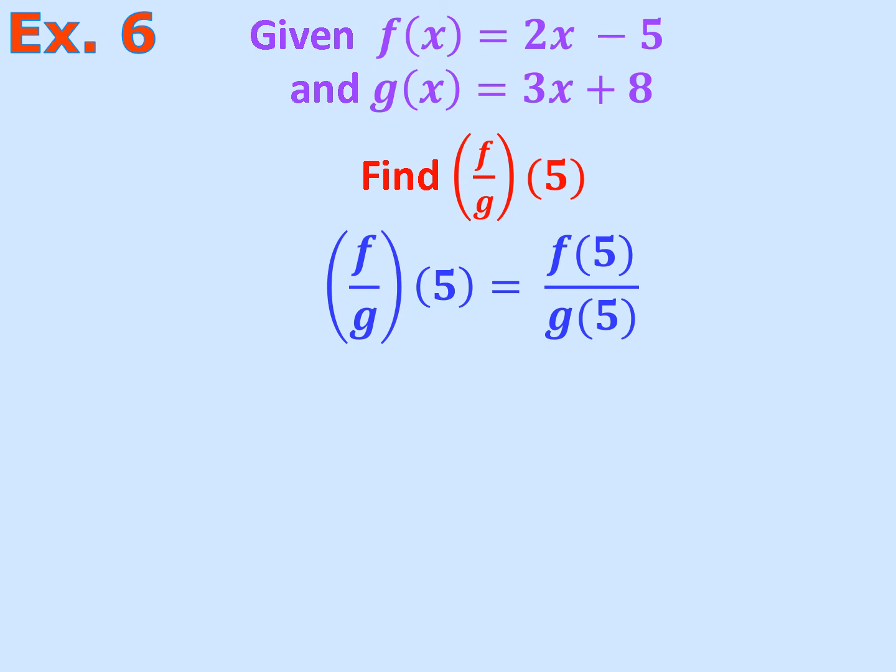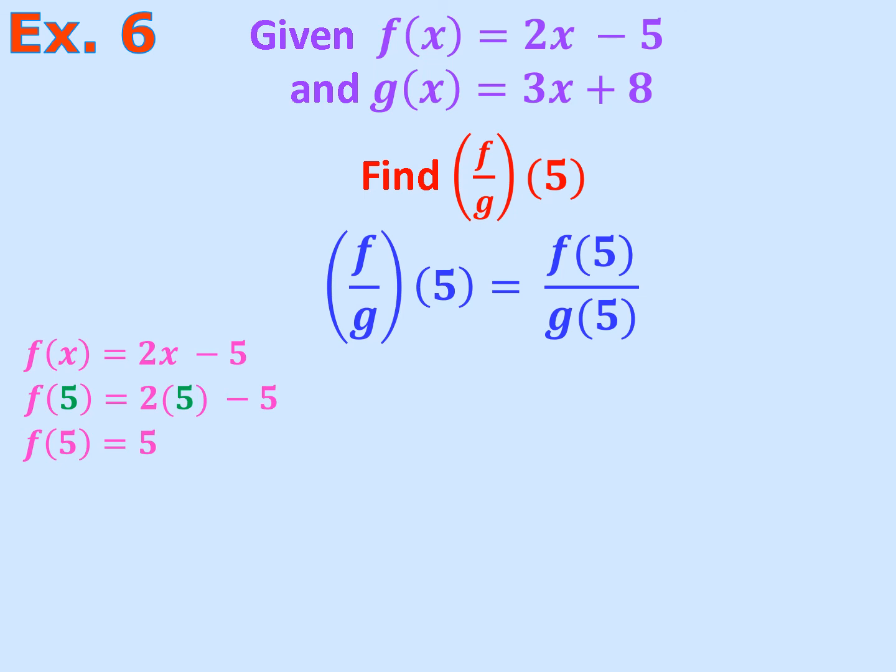So the first thing I'm going to figure out is f of 5. So 2 times 5 minus 5. So this is really saying f evaluated at 5 is equivalent to 2 times 5 minus 5. Well, 2 times 5 is 10. 10 minus 5 is 5.